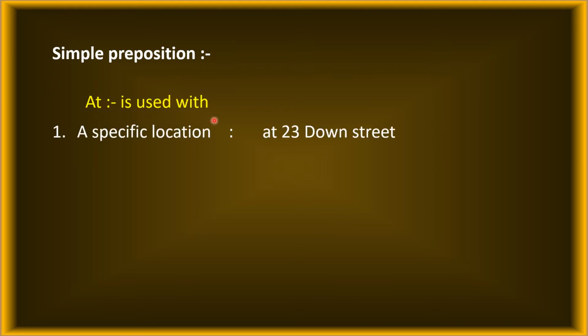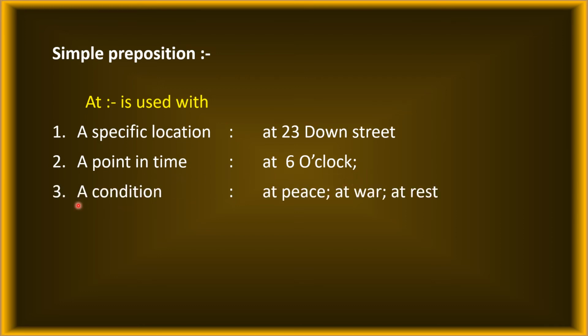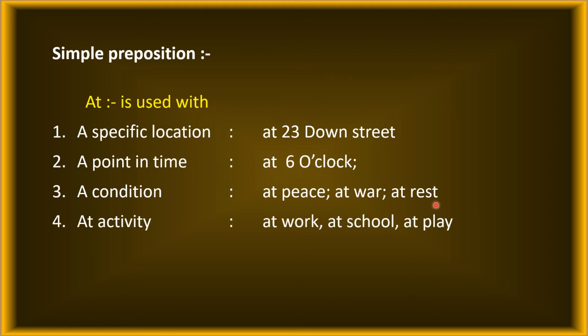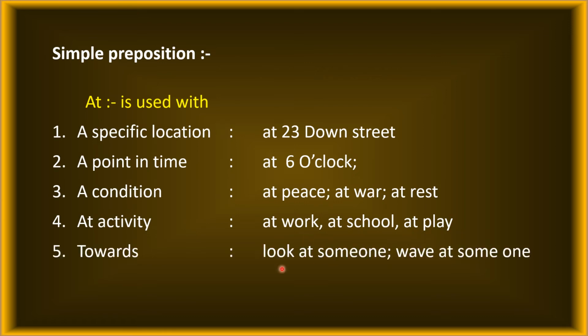At is used with a specific location like at 23 Down Street, a point in time at 6 o'clock, a condition at peace, at war, at rest, at activity, at work, at school, at play. Two words: look at someone, wave at someone.